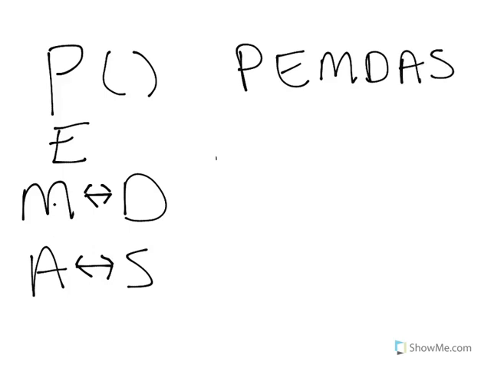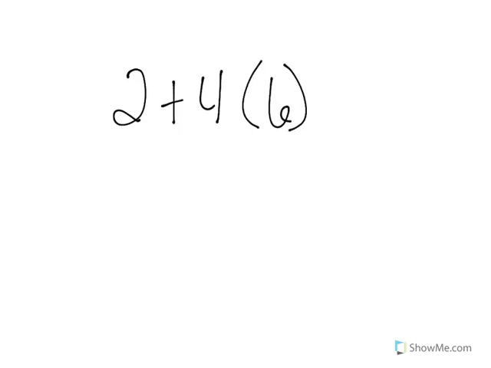But why do we have PEMDAS? Again, it's a set rule or order in which you must solve a problem with multiple operations. Because if we didn't have the rules, we could solve problems differently and get different answers. So let's just say I have 2 plus 4 times 6. If I followed the rules, I should multiply first.